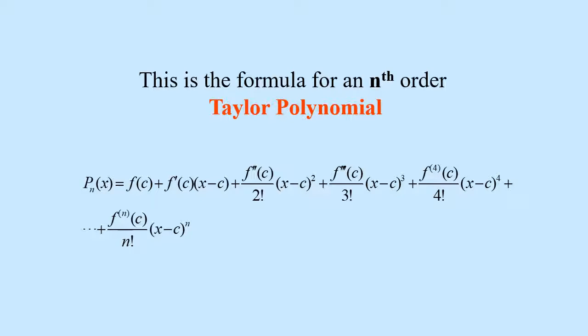And these are referred to as Taylor polynomials. Let me point out that a lot of people, textbooks included, use the term Taylor polynomial for all approximating polynomials. And a Taylor polynomial, when c equals 0, is a Maclaurin polynomial.